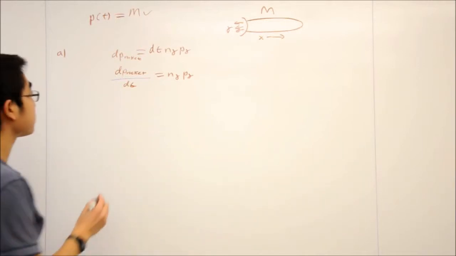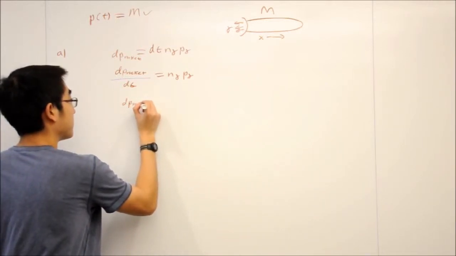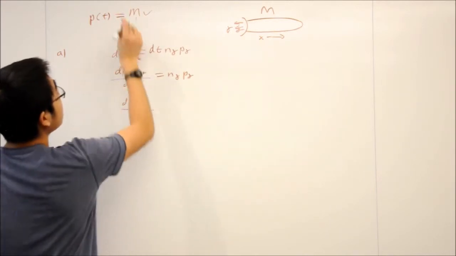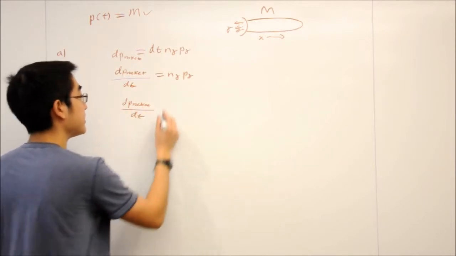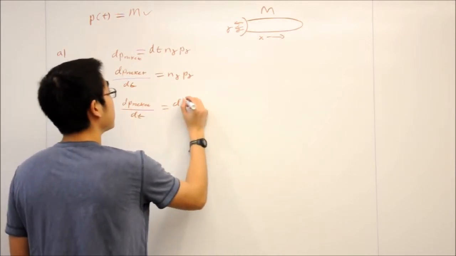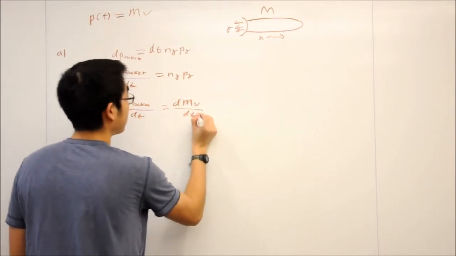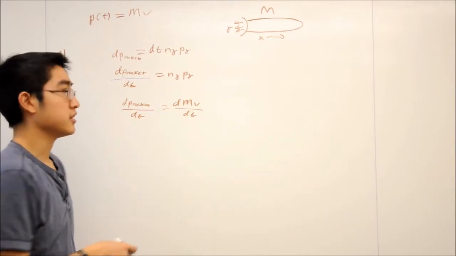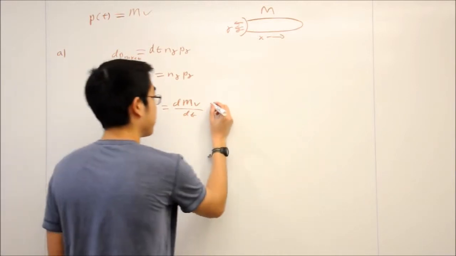So now, notice that the momentum of the rocket is also given by big M times v, which means that dp rocket over dt is just equal to d of big M times v over dt. Now the mass of the rocket stays relatively constant, so we can treat M as a constant and factor it out of the derivative.